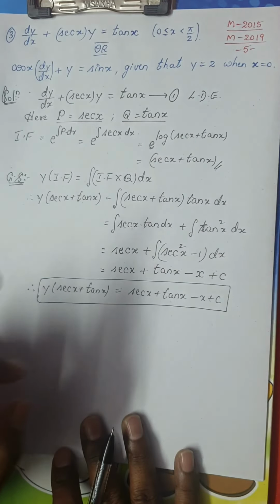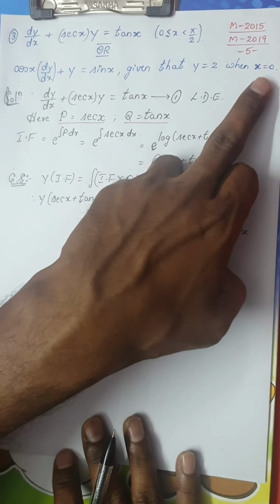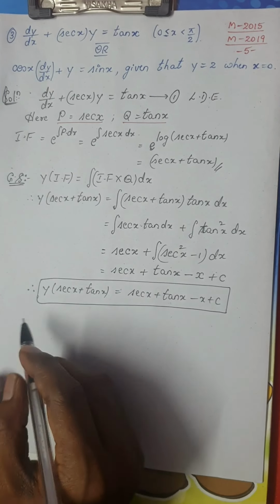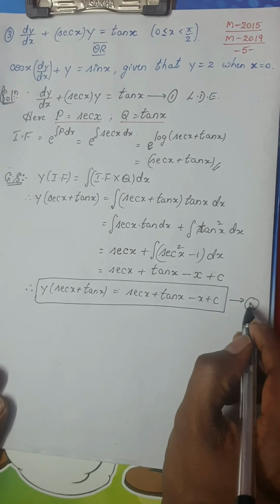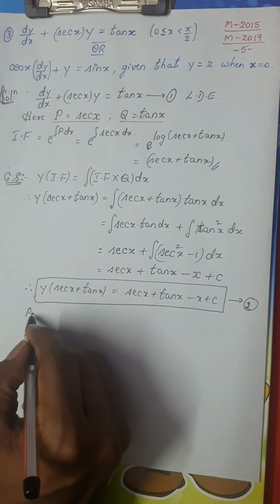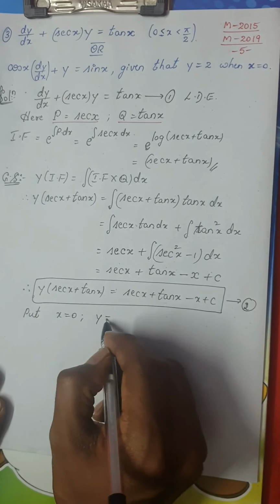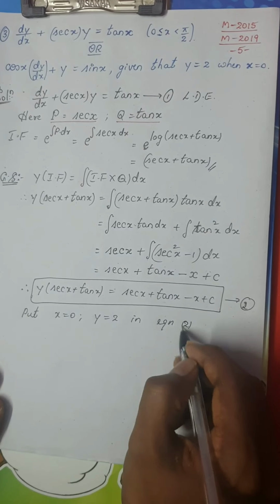In case they give you this and say given that y is equal to 2 when x is equal to 0, now you have to apply the condition. Let me take it as equation 2 here. Put x is equal to 0 and y is equal to 2 in equation 2.